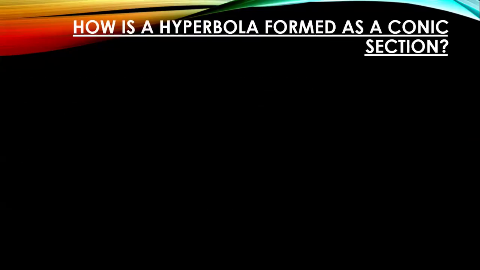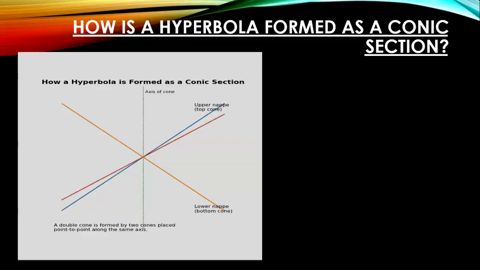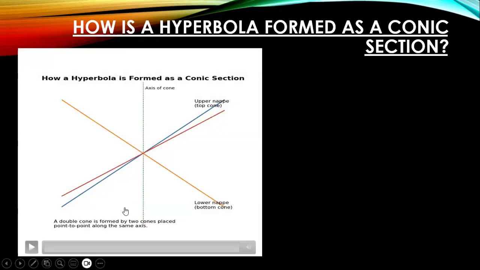The next question is, how is a hyperbola formed as a conic section? I have a video here. Before I start playing this video, we have the axis of the cone, this green line here. Then I have this red line, which is basically like a glass cutting through these lines.